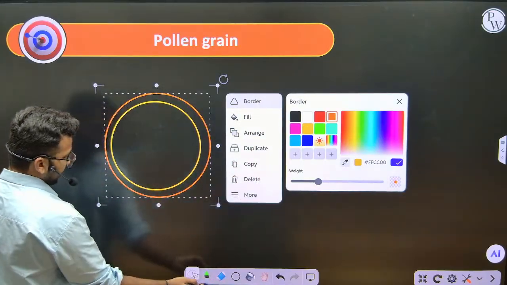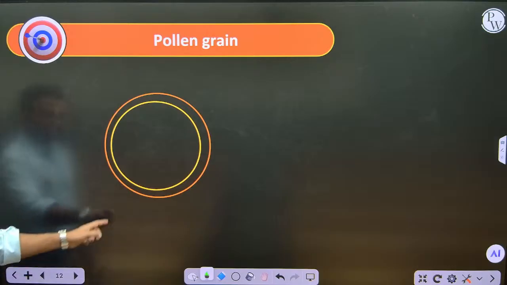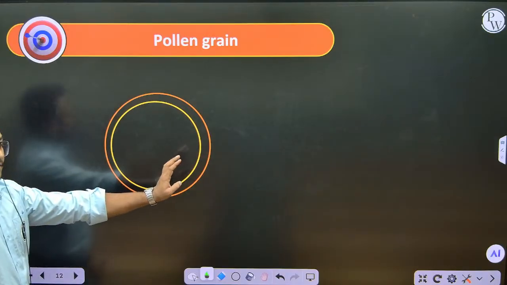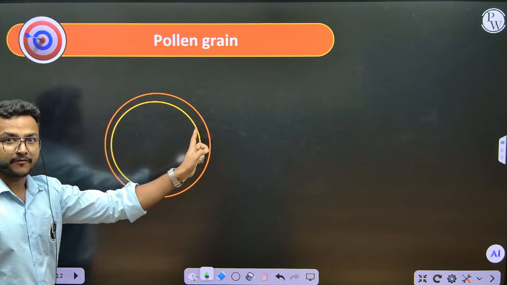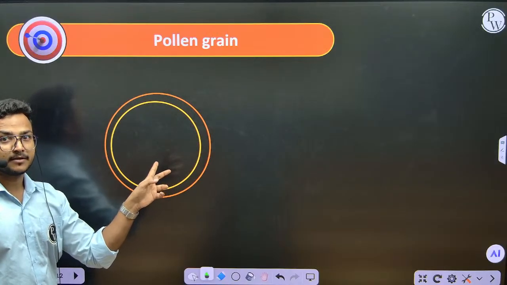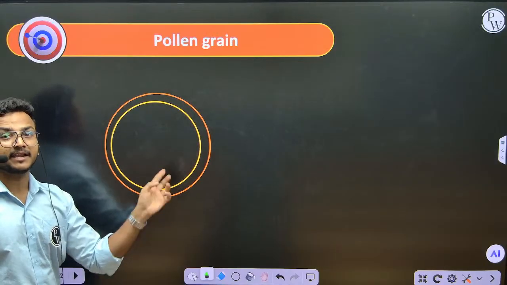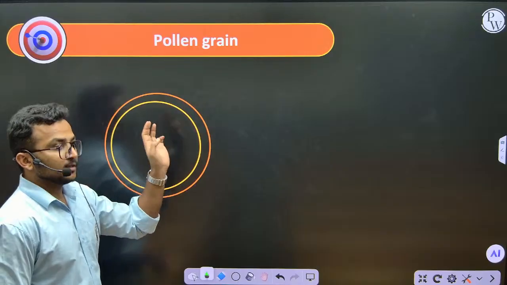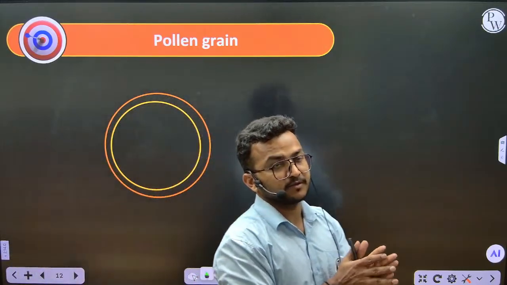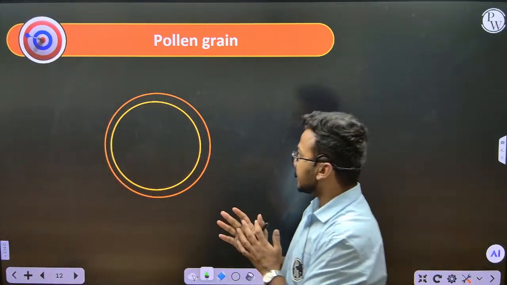So this is the plasma membrane, and this is another layer covering it, which is the cell wall. We call this the intine. The cell wall of this pollen grain we call the intine.